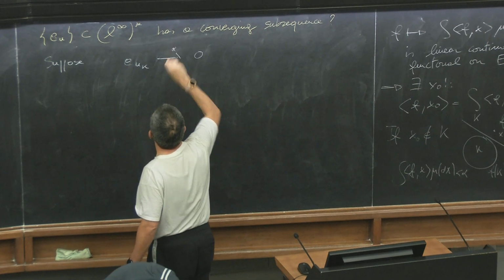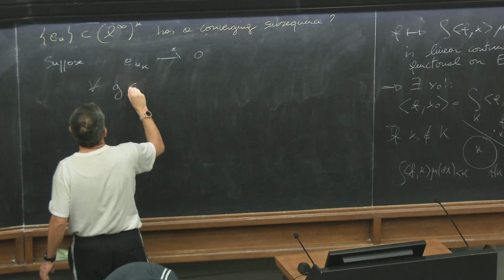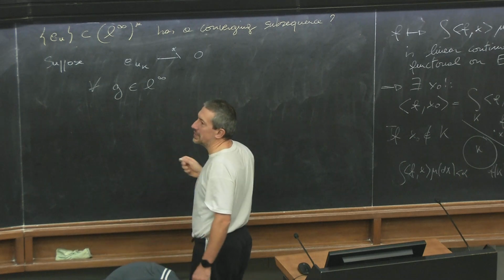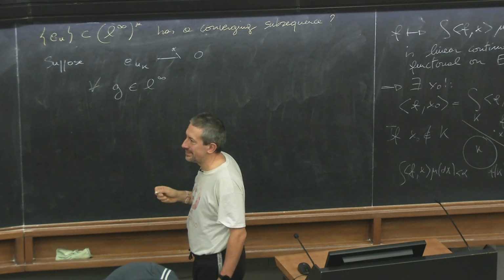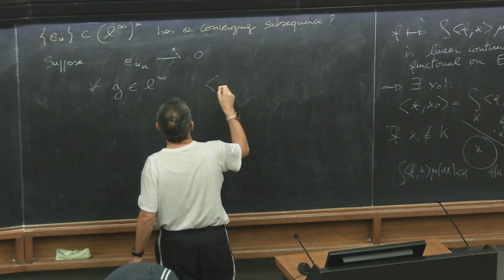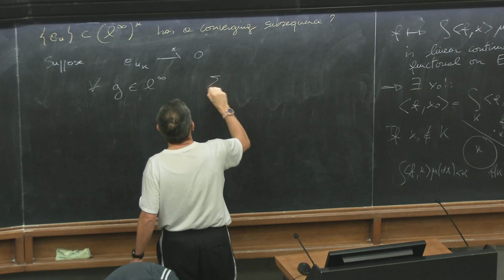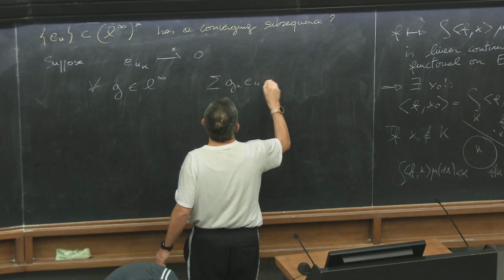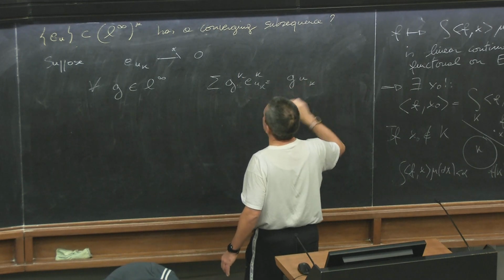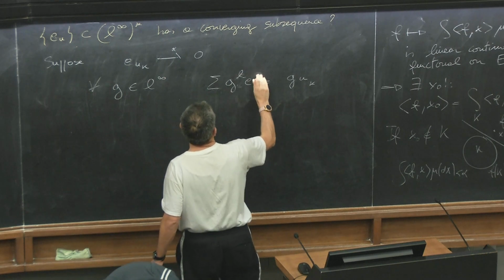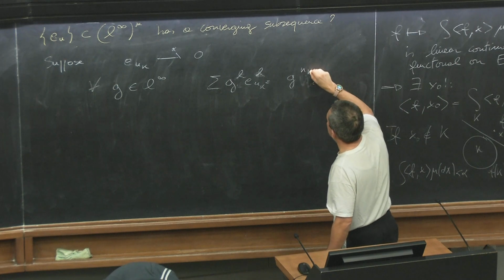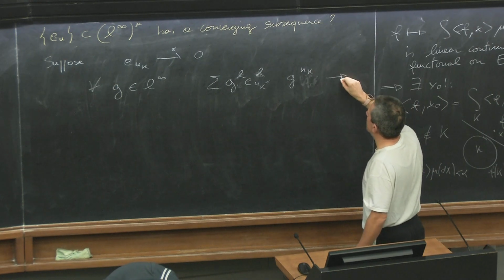weak star, which means that for any g in l infinity, the scalar product, which is the sum g_k e_k, which is equal to g_nk, so let's say g_l, should converge to 0.